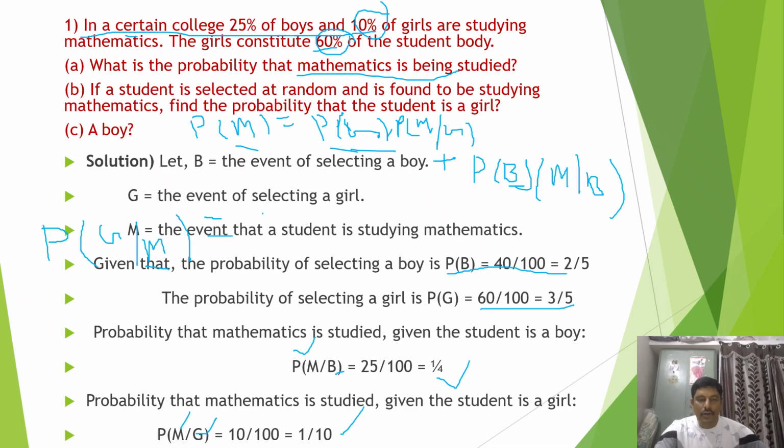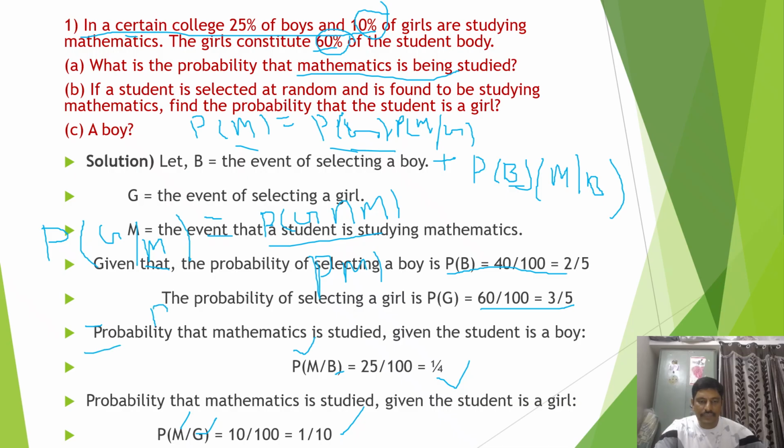So P of G by M, how do we find it? Clearly the basic event is here G only. So we can write P of G by M as G intersection M by P of M, according to conditional probability. Here we can apply the Bayes theorem. Already we found P of M. Then how do we find P of G intersection M? What is the basic event here?